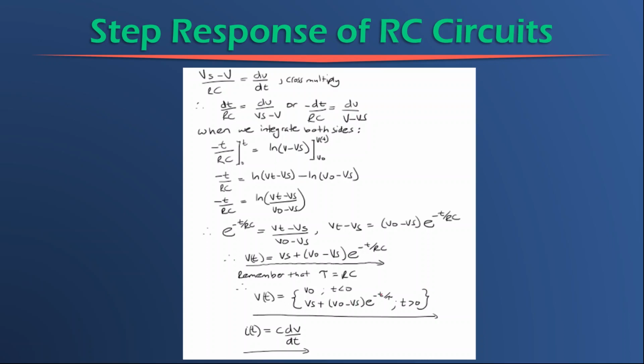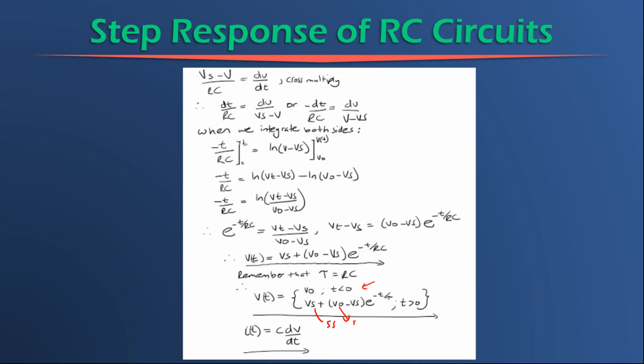to result in a final expression that will be as follows. V(t) is equal to V0 when t is smaller than 0, that will be the initial voltage, and then when t is greater than 0, V(t) will equal Vs plus (V0 minus Vs) e to the minus t over tau, where Vs is your steady state voltage, meaning the voltage at time t equals infinity.